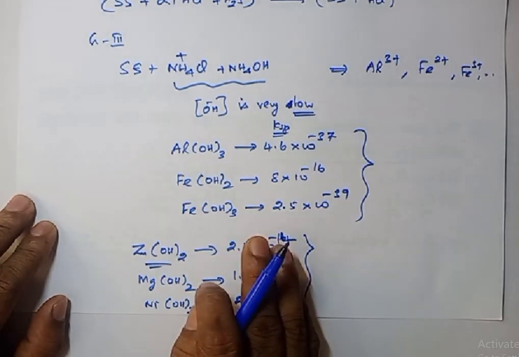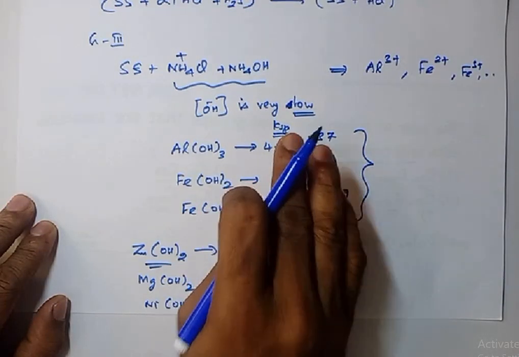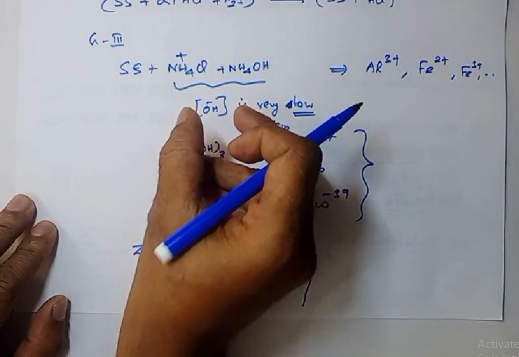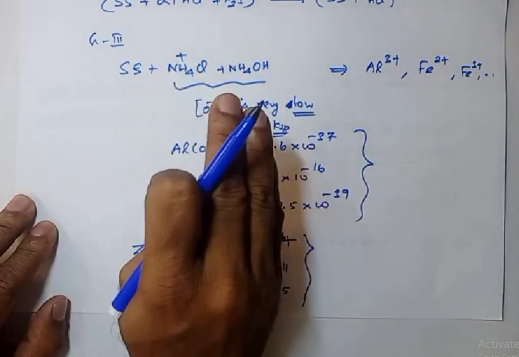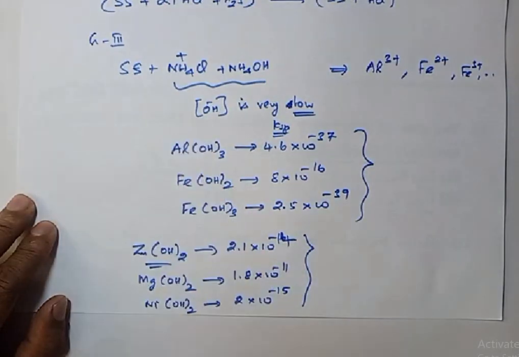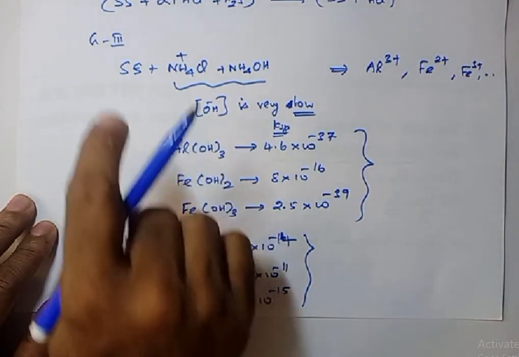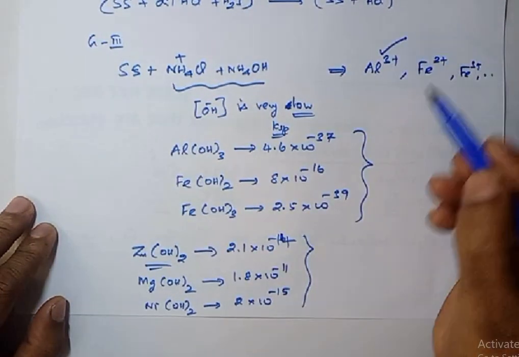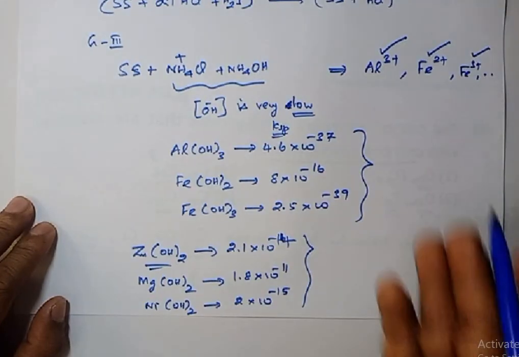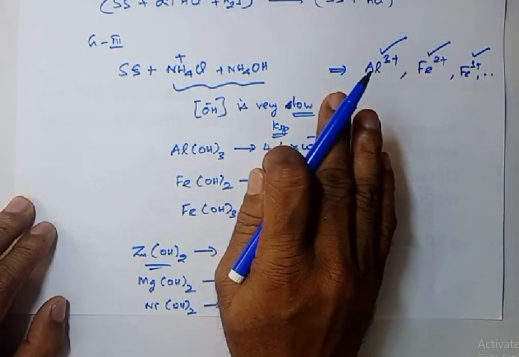Since the solubility product of group 3 hydroxides is extremely low, even a very low concentration of hydroxide ion is sufficient to precipitate these metal ions as hydroxides. That's the reason why in group 3 we get precipitate of aluminium, ferrous or ferric. These ions get precipitated in group 3.